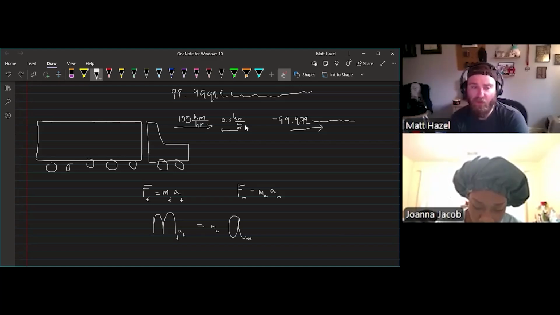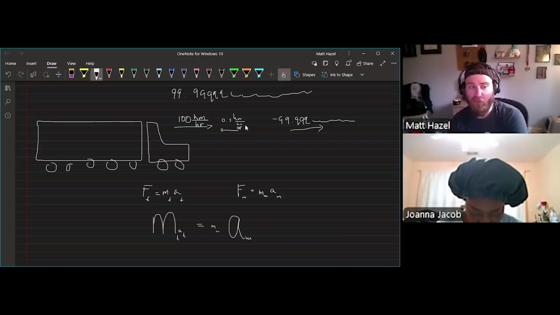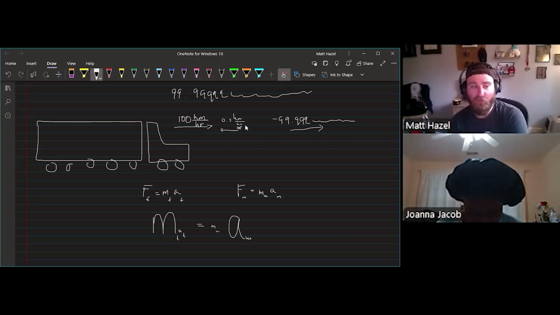Can I have a negative distance? Like, can I say my car is negative 5 feet away from me? No. Distance can't be negative. Distance is a scalar. It only describes magnitude. Now on the other side, distance with direction is called velocity.